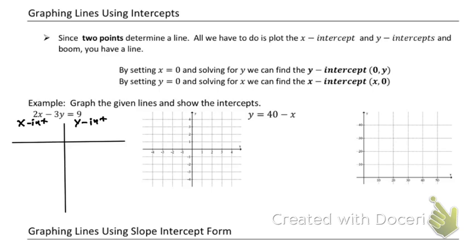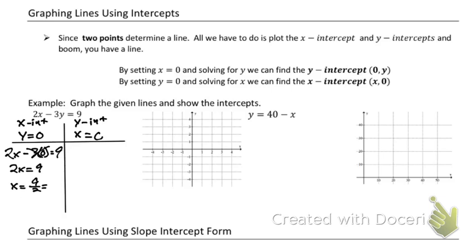Well, to find the x-intercept, we're going to let our y equal 0. To find our y-intercept, we're going to let our x equal 0. Just plug them in and solve. So let y become 0, so we're going to have 2x minus 3 times 0 equals 9. Pro tip, most of the time you're not going to write the 3, you're just going to put 2x equals 9, because that's going to cancel out. We're left with 2x equals 9, and x equals 9 over 2.